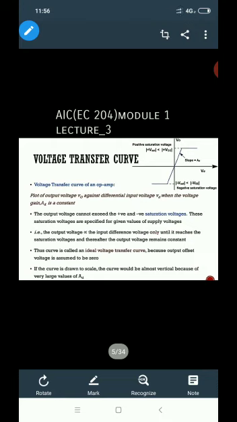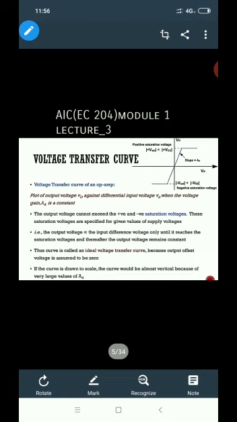The output voltage cannot exceed the positive and negative saturation voltages. These saturation voltages are specified for given values of supply voltages. For example, if we apply a supply voltage of plus or minus 15 volts, the typical saturation voltage of the 741 is plus or minus 13. So positive saturation is plus 13, negative saturation is minus 13.